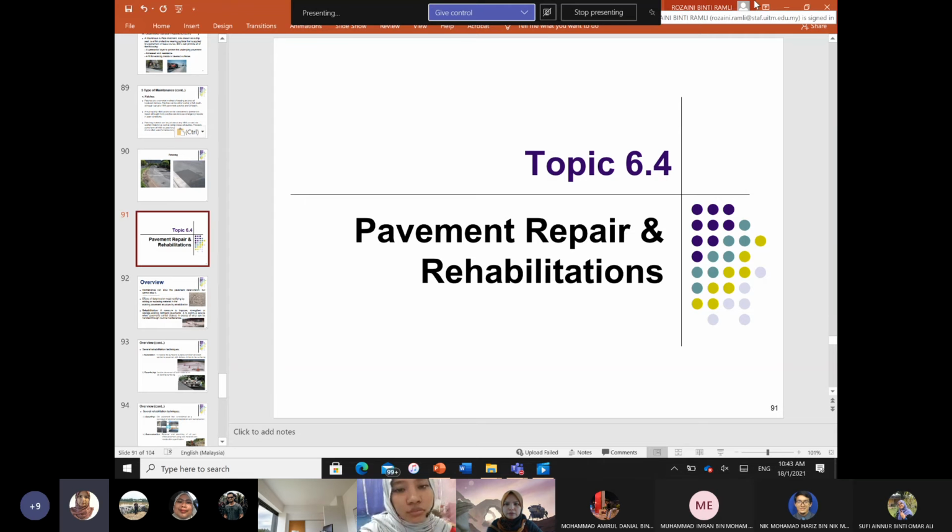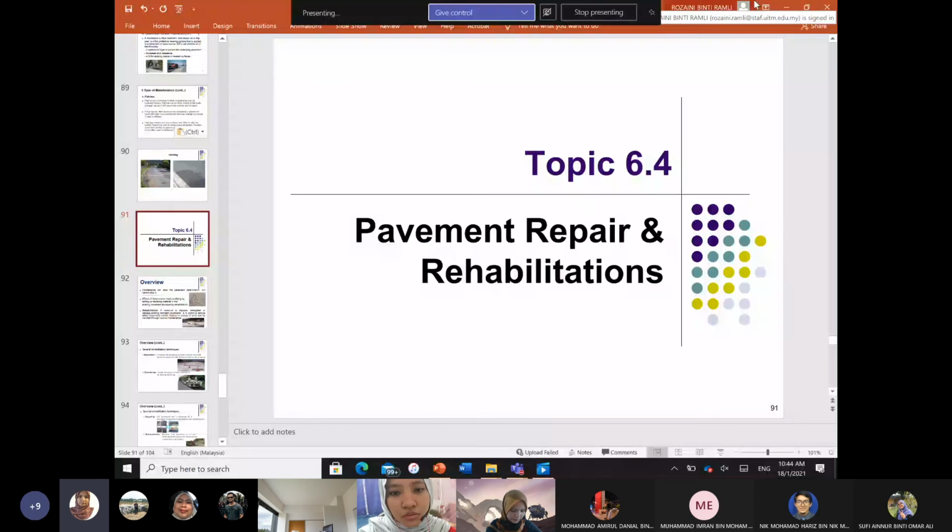After rehab, within rehab, the final stage is to reconstruct. That is the final decision you can make. Reconstruction means it would cost you very high, and it will have a high impact.